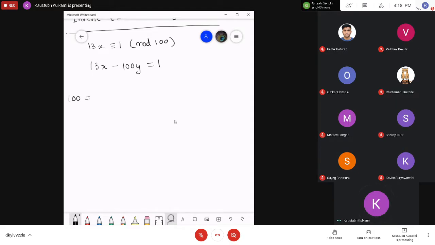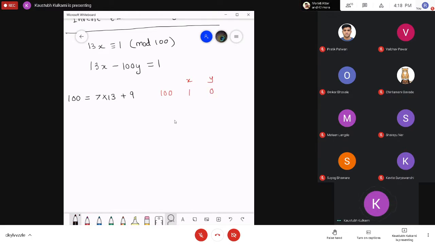100 is 7 times 13, which is 91, plus 9. At the same time I'm building the table. In this table, 100 has x and y as 1, 0.